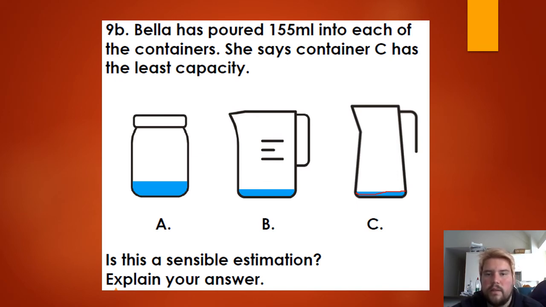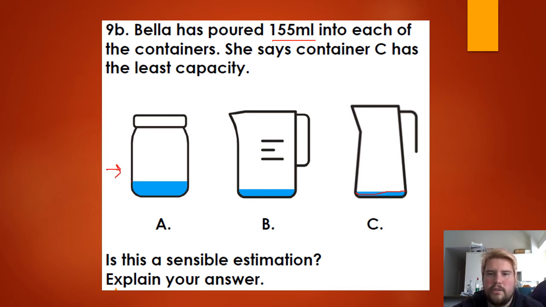Container's quite tall, a little bit thinner than B. B's got a little bit more liquid in, and A has evidently got the most liquid in comparison to the jar. So A has definitely got the most liquid in comparison to a jar, because they've all got 155 milliliters in, remember. So it's all the same amount of liquid, but this has got the most in comparison to the jar. So, which jar has the least capacity? It would be A.